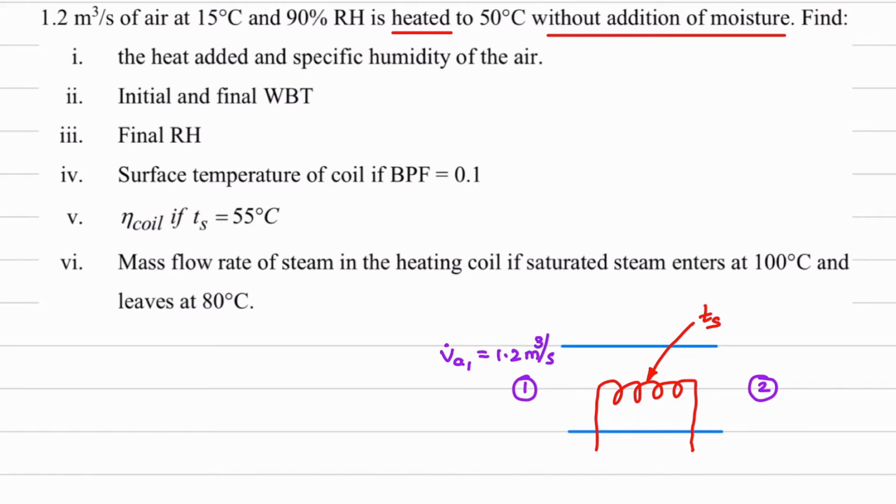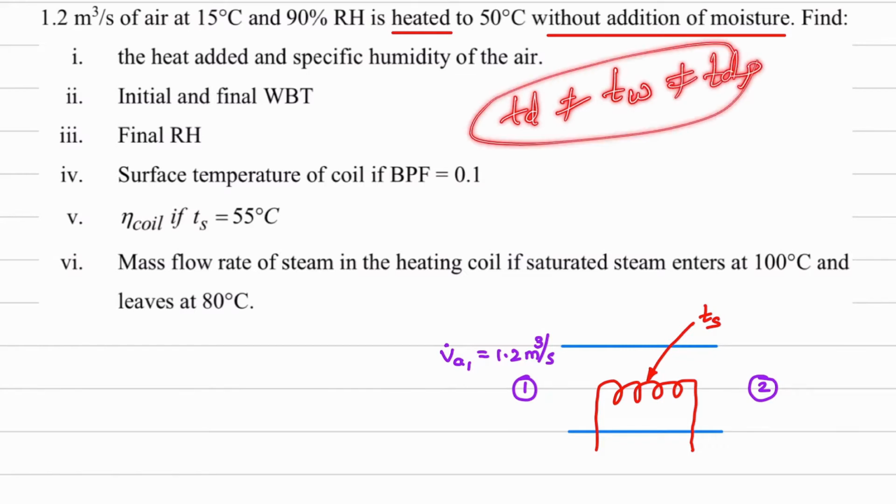Next, the temperature of that air is 15 degrees Celsius. Now here nothing is mentioned. We have 3 temperatures: dry bulb temperature TD, wet bulb temperature TW, and dew point temperature TDP. Then RH is given as 90%. Obviously since RH is not 100%, TD is not equal to wet bulb temperature, is not equal to dew point temperature.